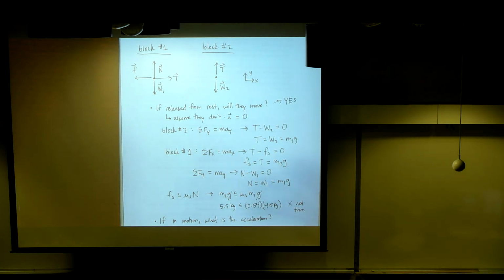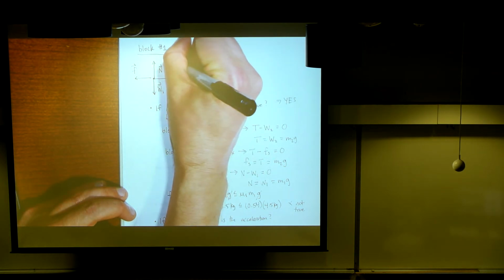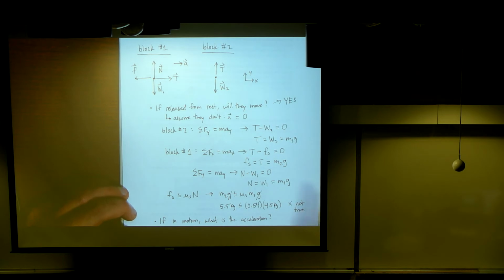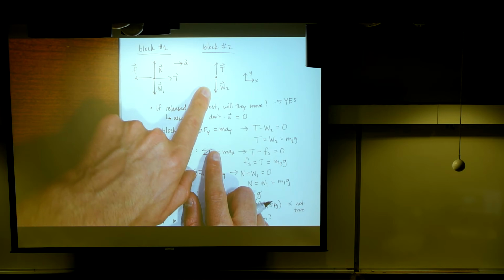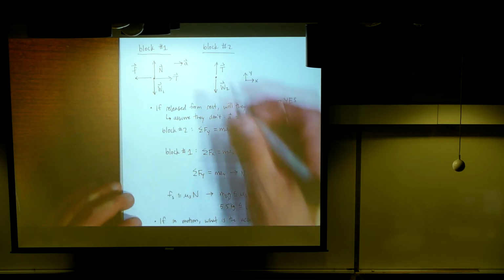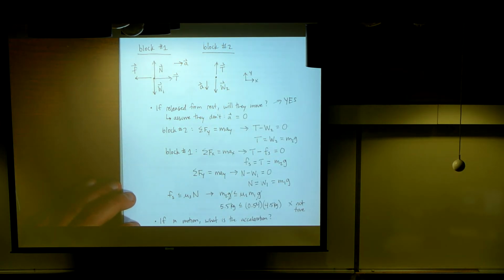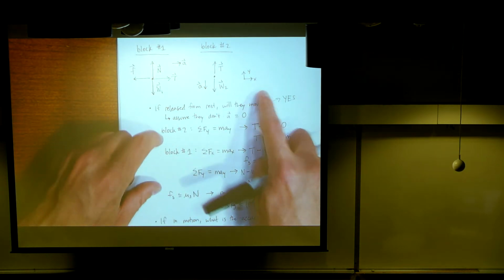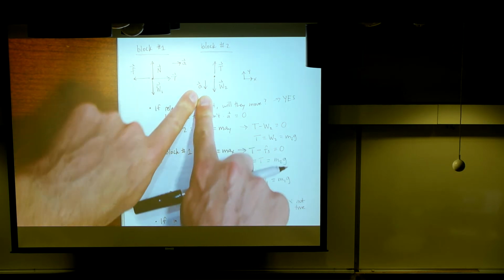I'm just going to assume, as a starting point, that for block number 1, we're accelerating to the right. If that's the case, which way would block number 2 have to be accelerating, up or down? Down. Yeah. So that's kind of the picture you have in mind, right? Block number 1 is accelerating to the right, which is in the positive x direction, okay? Block number 2 is accelerating down, which is in the negative y direction, okay?